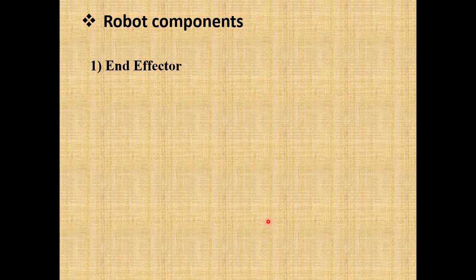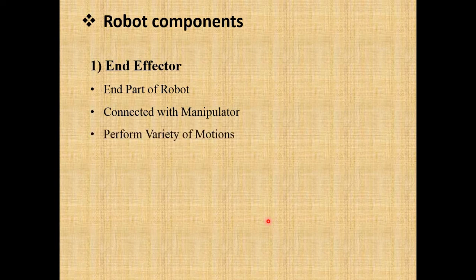First is the end effector. We can say the end effector is the end part of the robot, like in human anatomy our fingers are there. It is the end part of the robot. The end effector is connected with the manipulator. What is a manipulator, that we will see in our next topic. The end effector can perform a variety of motions and it will grip the jobs.